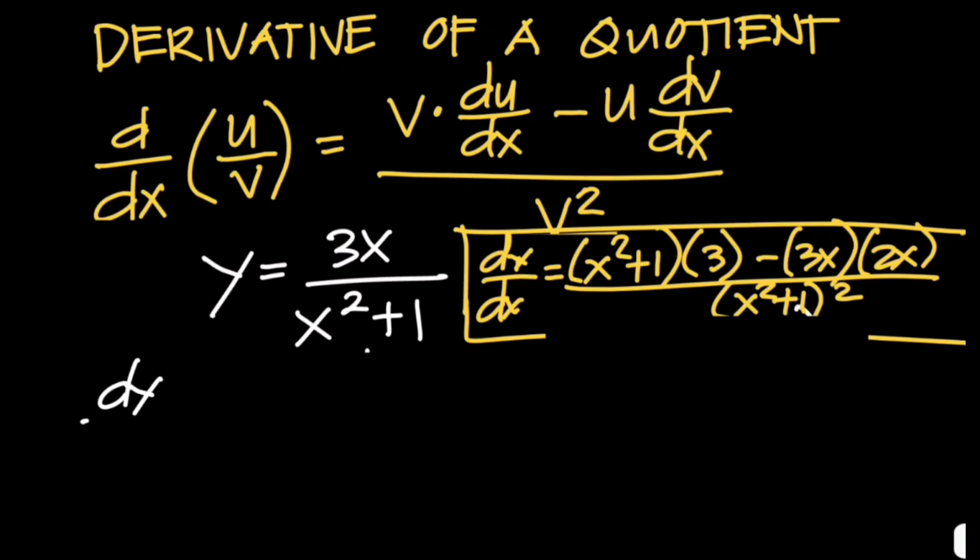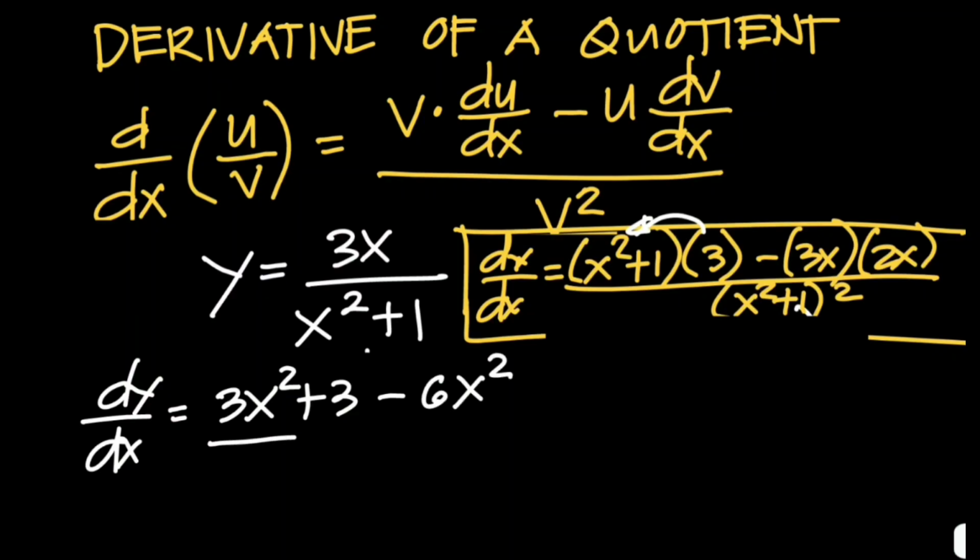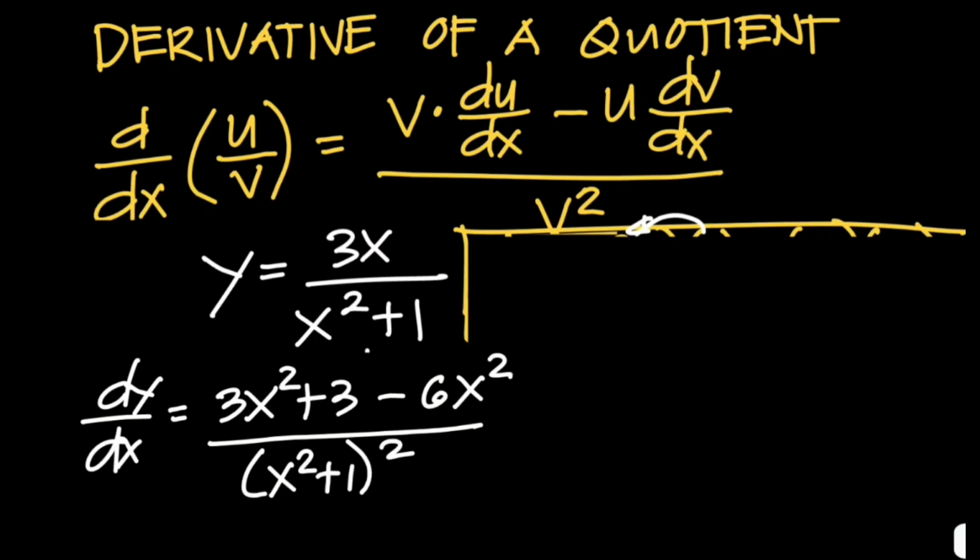Right, then we have x squared plus 1 times 3. We distribute 3 here. So this would become 3x squared plus 3, minus 3x times 2x is 6x squared, all over x squared plus 1 squared. 3x squared here and 6x squared are like terms, so we can just subtract them.